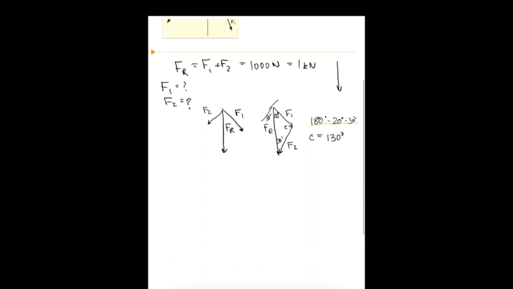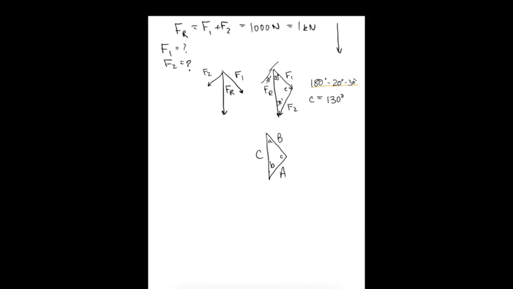Okay. So we're going to again use the law of sines. So law of sines tells us, okay, if we draw B, A, C, call this little c, little a, and little b.